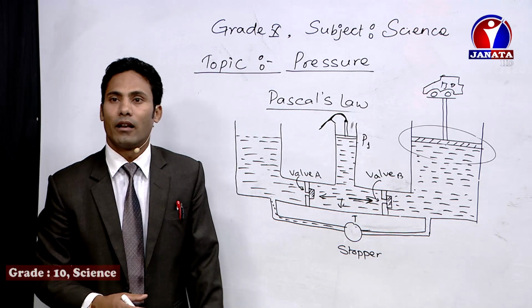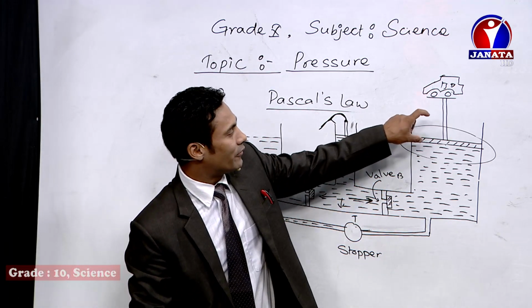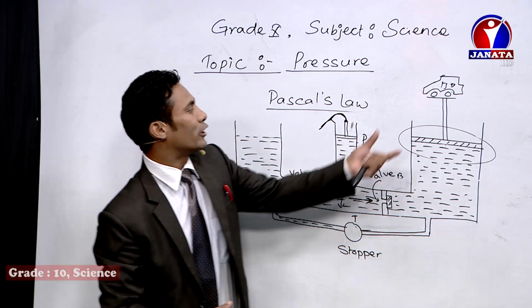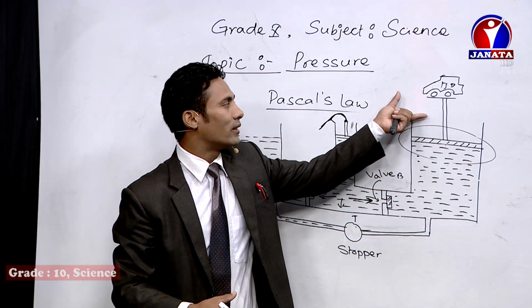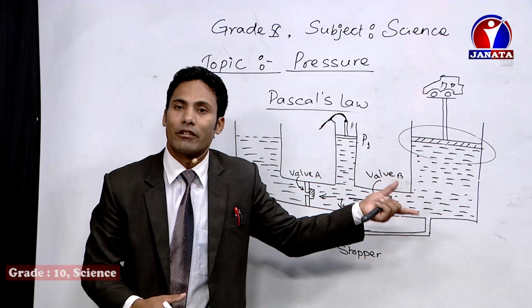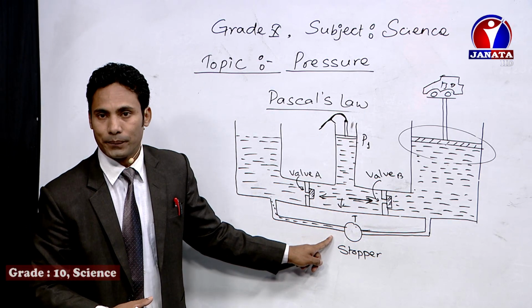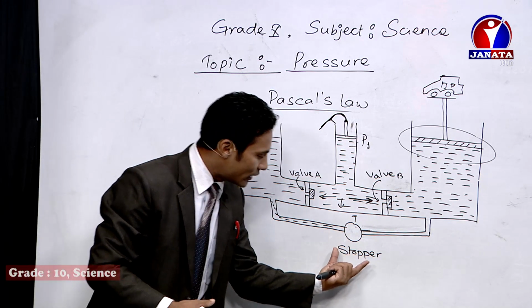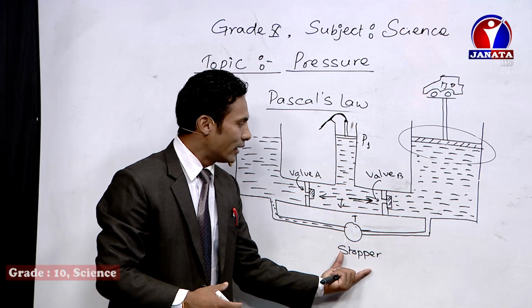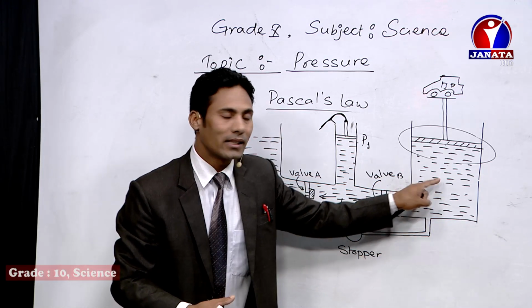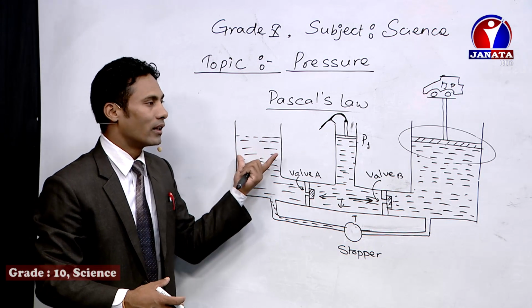And after lifting to a certain height, whenever we need to reset this, whenever we need to bring the vehicle back to the same ground level, this stopper is useful, right? Whenever we open this stopper, the liquid from this chamber, the larger cylinder, gets transmitted to the reservoir.